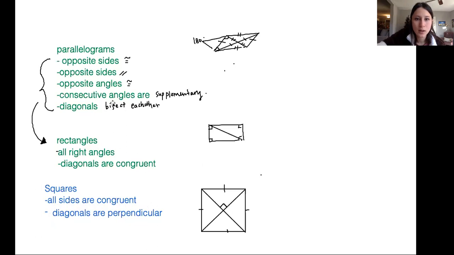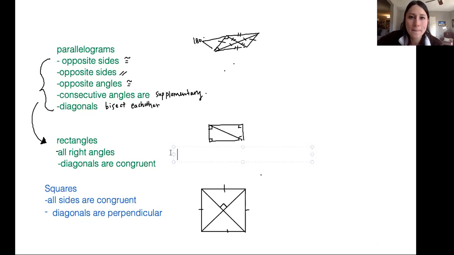And they're perpendicular and the diagonals bisect a pair of opposite angles. So meaning that if I had my, sorry, I'm pulling up my whiteboard here.